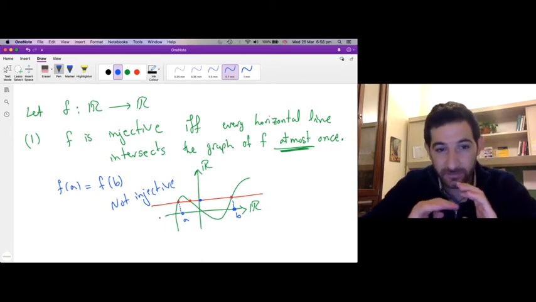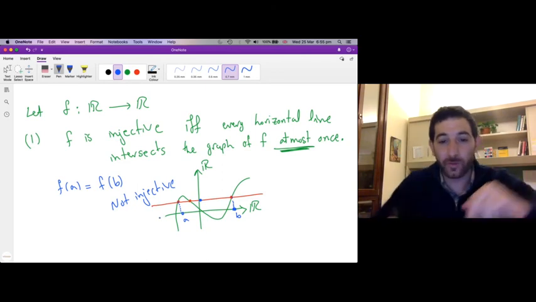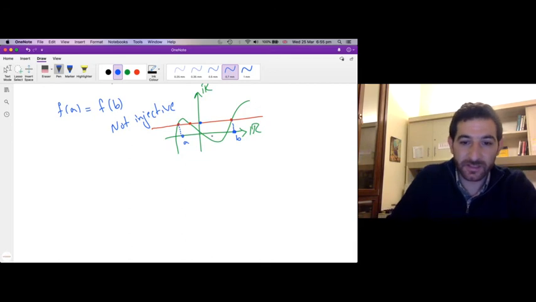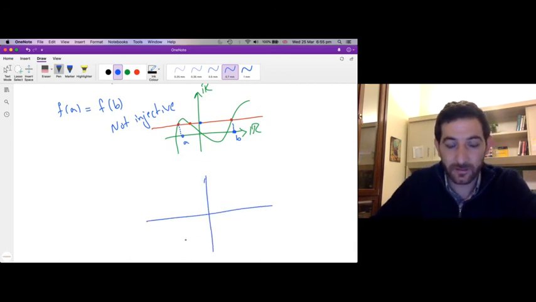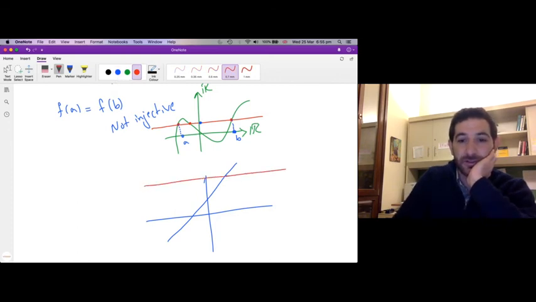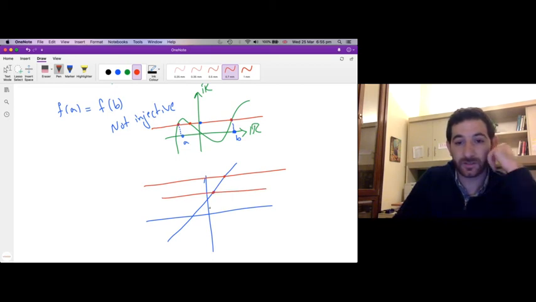So for injectivity to hold, maybe I sketch the graph of an injective function. Look at the graph of this function, for example, a straight line. Now let's look. This is a horizontal line. It intersects at most once. Here's another horizontal line.